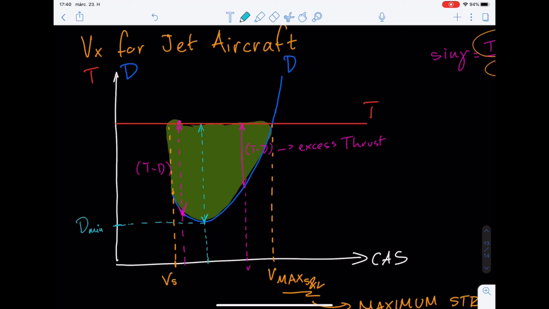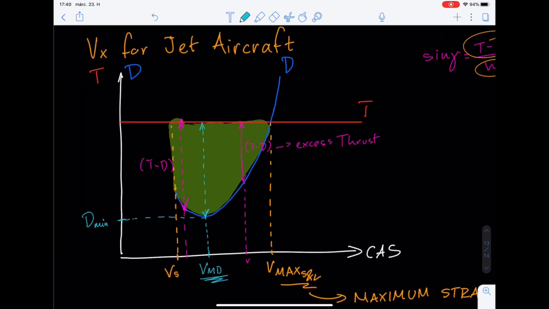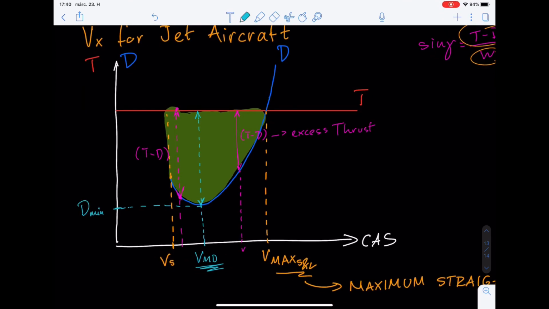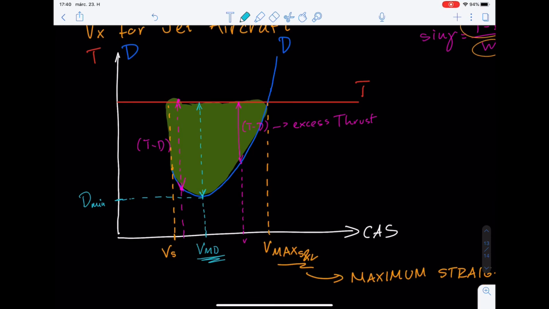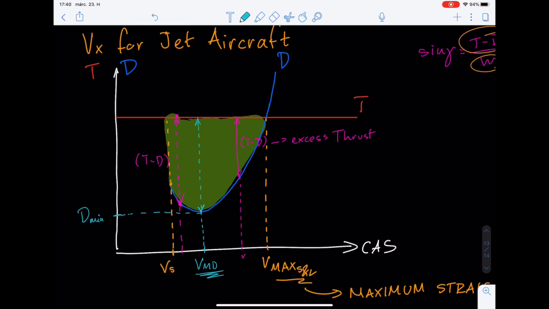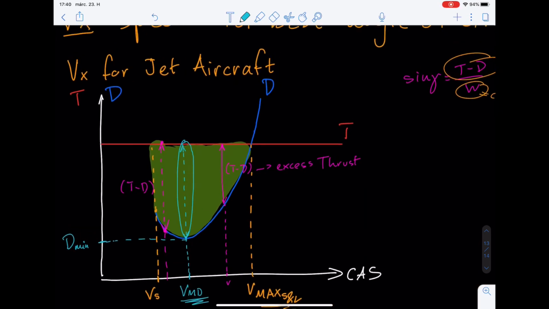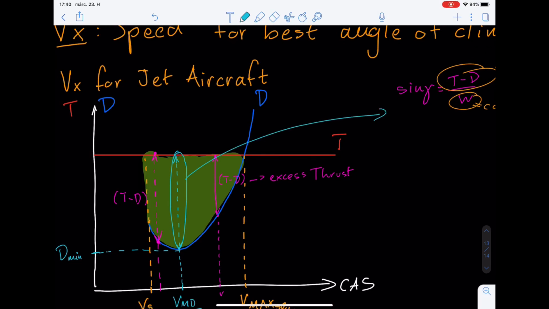That occurs at the so-called VMD, as you have already learned, the velocity for the least amount of drag. This is also where the largest excess thrust occurs for the jet aircraft, and therefore the largest flight path angle can be achieved.